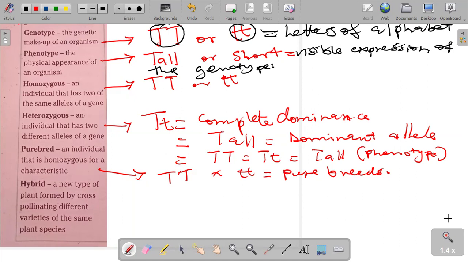And then we also have another term, which is the locus. What is locus? Locus is the position of a gene on a chromosome.